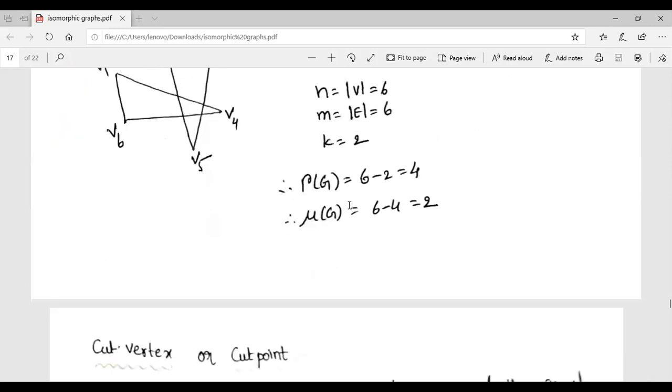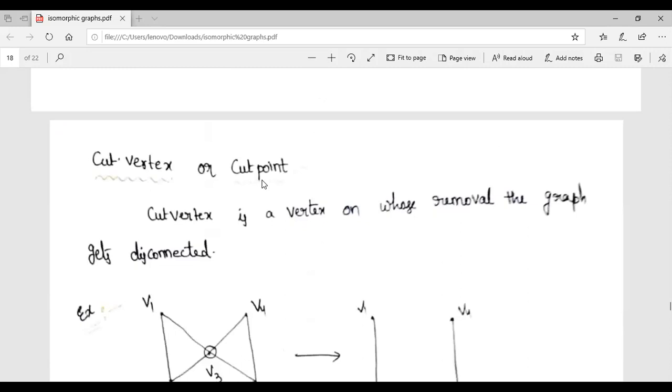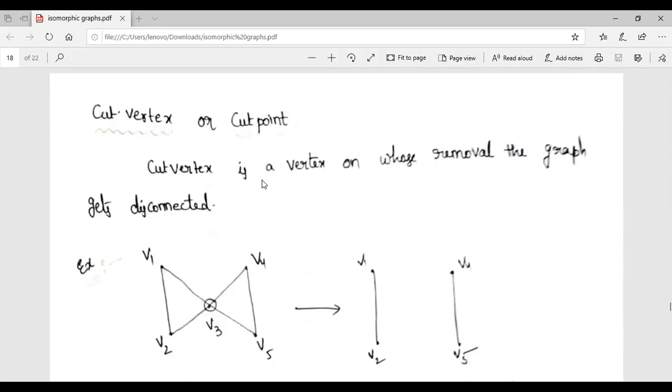So this is how we find rank and nullity of disconnected and connected graphs. Okay. So next definition, cut vertex or cut point. So what is cut vertex? A cut vertex is a vertex on whose removal the graph becomes disconnected.